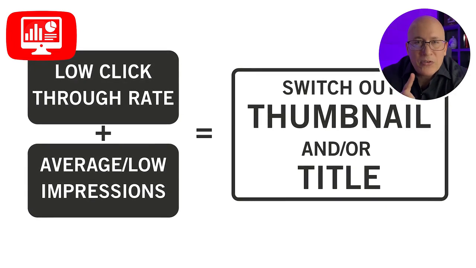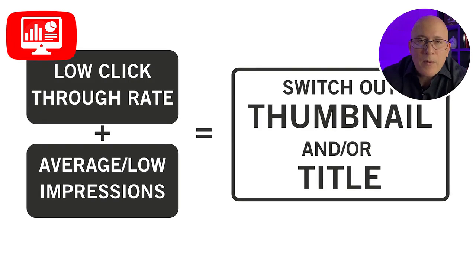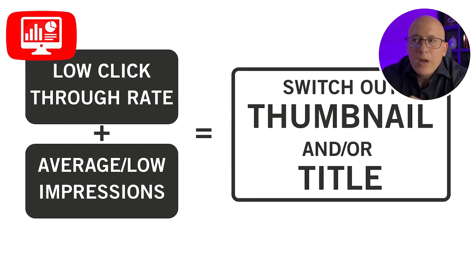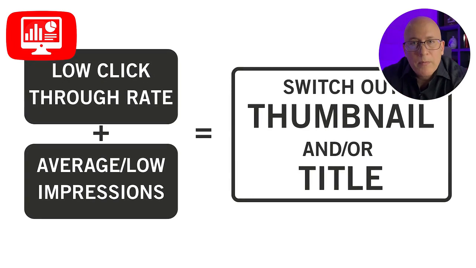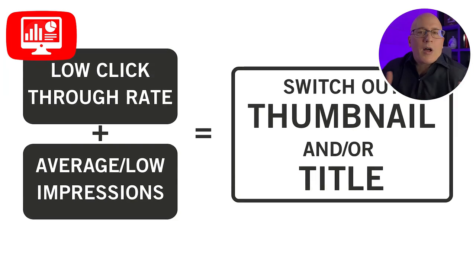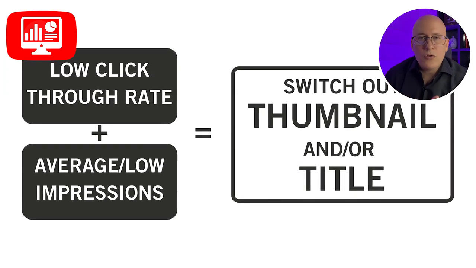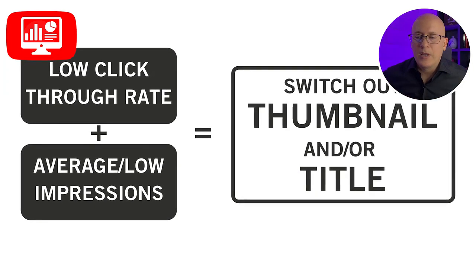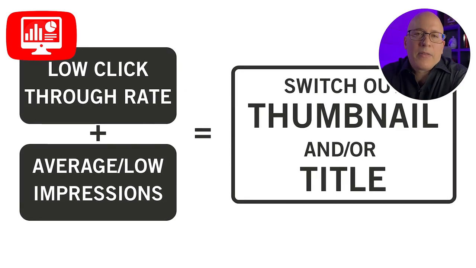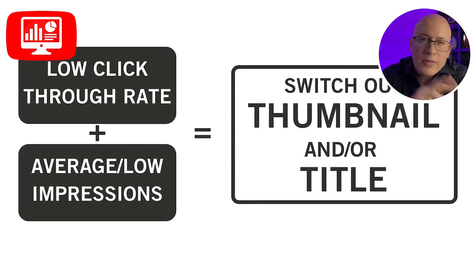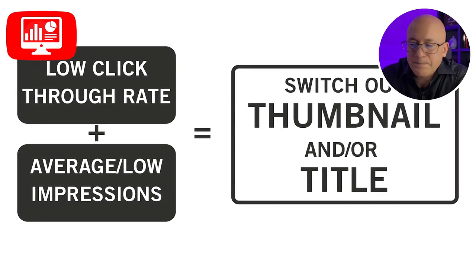Start out maybe by switching your thumbnail, wait a few hours and see if there's a change. If not, maybe change your title, see if there's a change. And this sometimes takes 2, 3, or 4 times. So it's a good idea to have a second or a third thumbnail and title option ready for you. That's what the pros do.